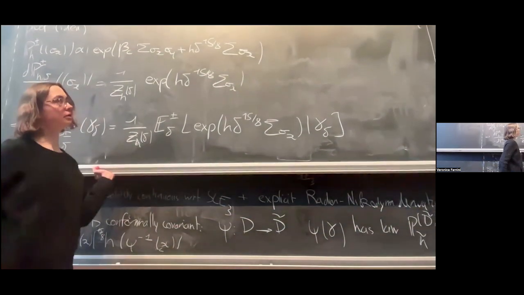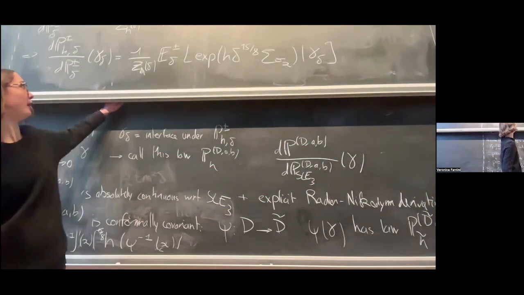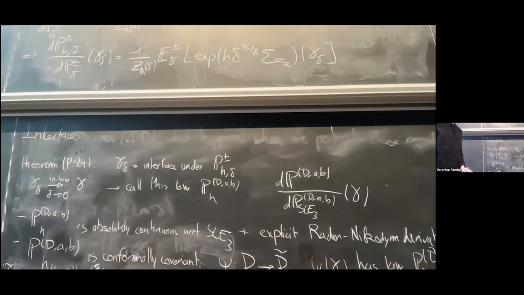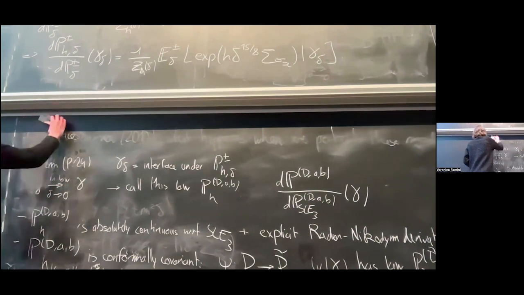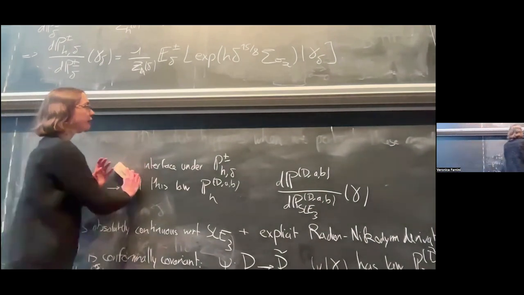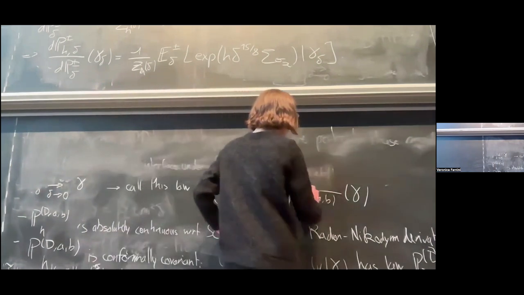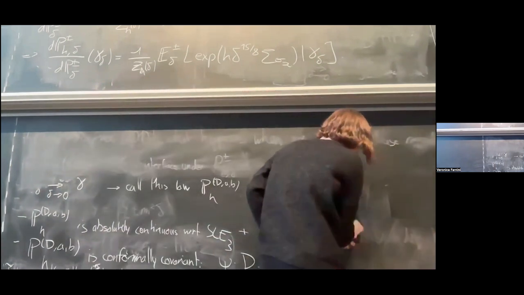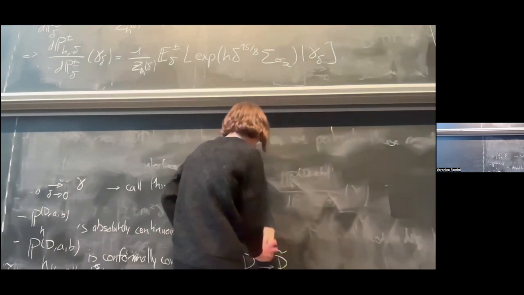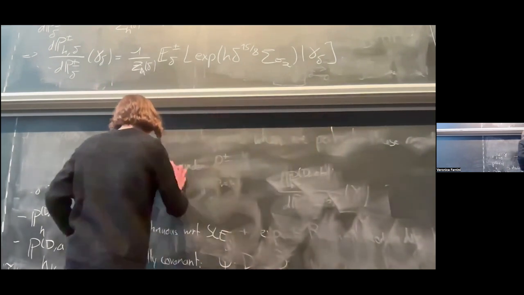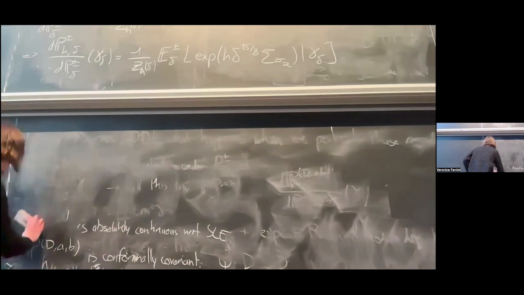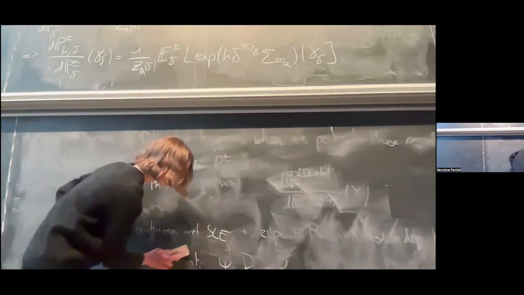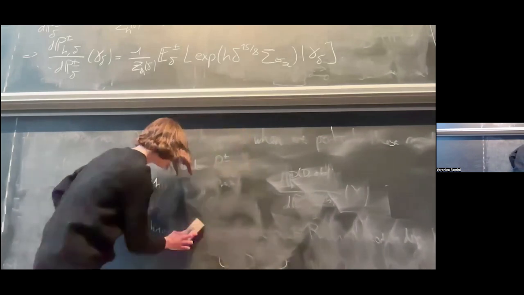One key point, and I won't say much more because it's technical work, is that you can use the definition of gamma, the interface, together with the Markov property, to write this Radon-Nikodym derivative in a way that makes taking limits a bit easier.